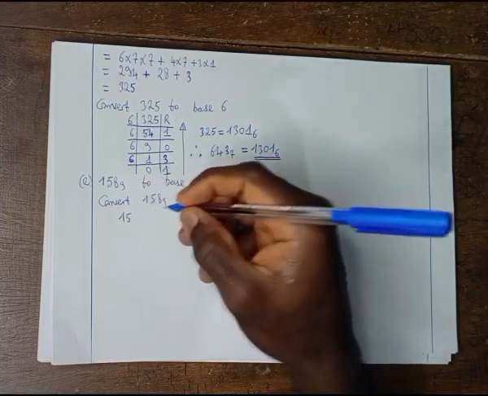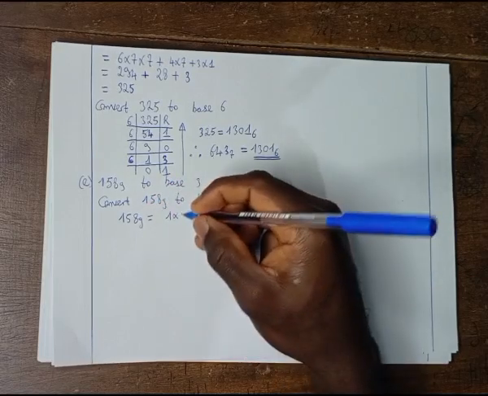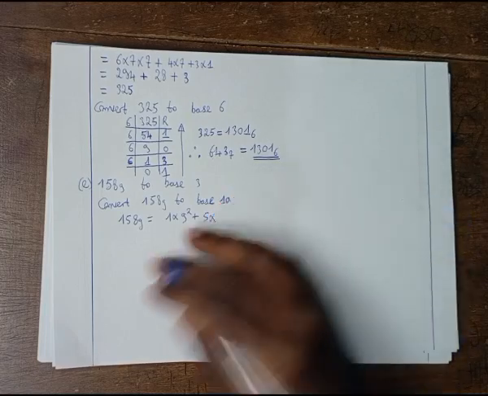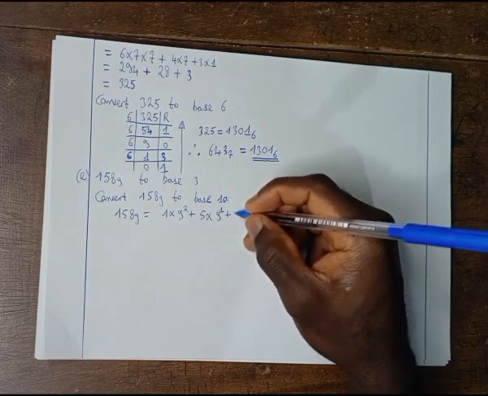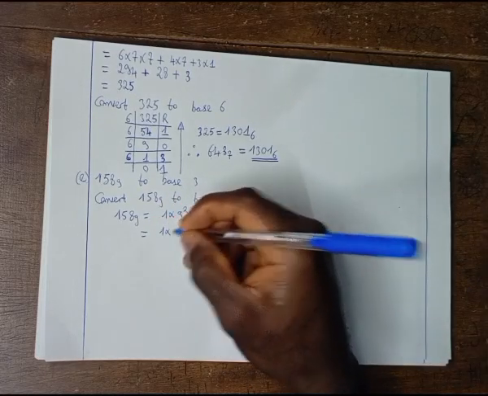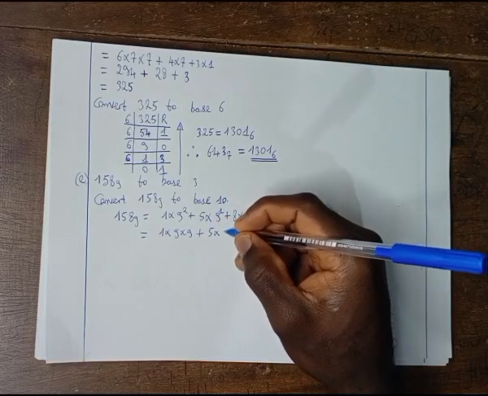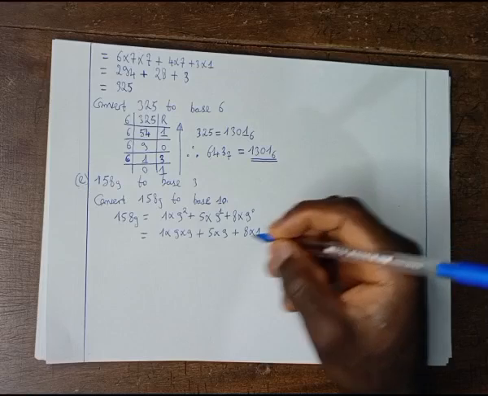This will give us 158 in base 9 to be equal to 1 times 9 raised to the power 2 plus 5 times 9 raised to the power 1 plus 8 times 9 raised to the power 0. This will give us 1 times 81 plus 5 times 9 plus 8 times 1.